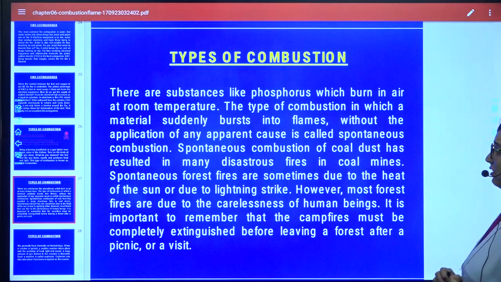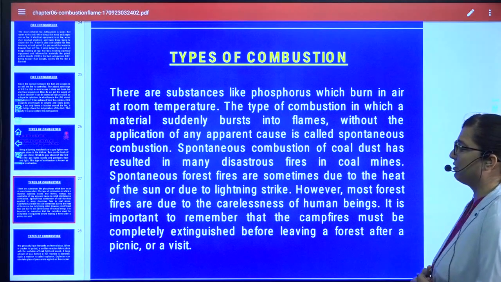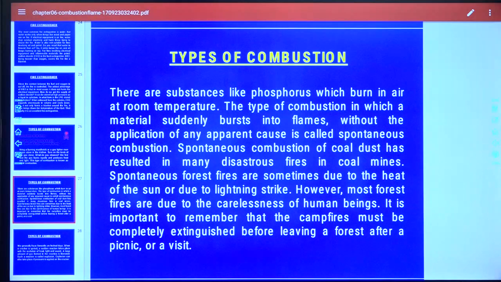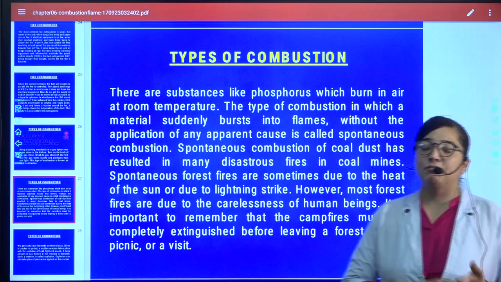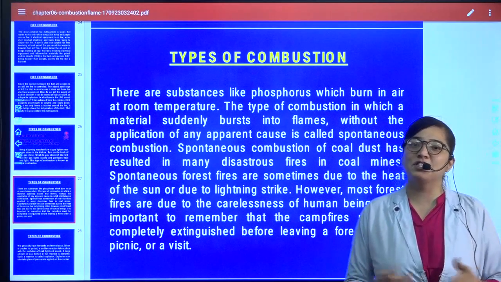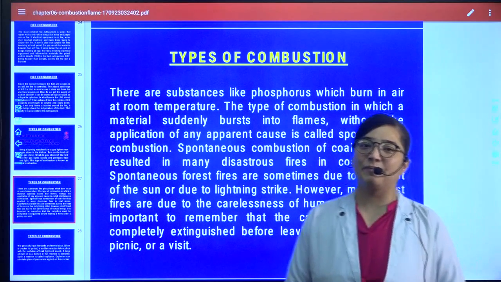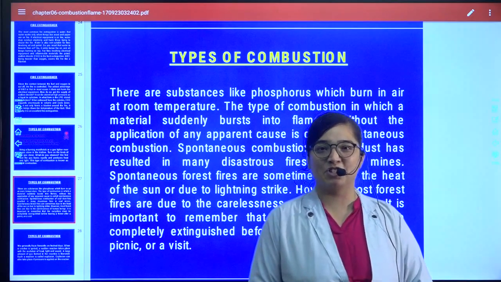Most forest fires are caused because of the carelessness of human beings. So it is important to remember that campfires must be completely extinguished before you leave that particular place. You just go for a visit, and many times, knowingly or unknowingly, we are damaging mother nature.